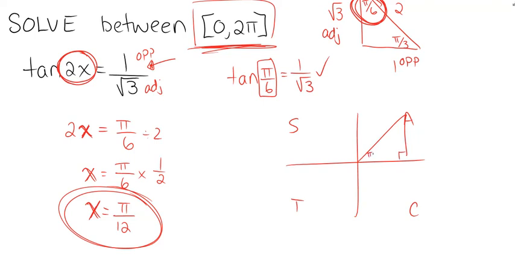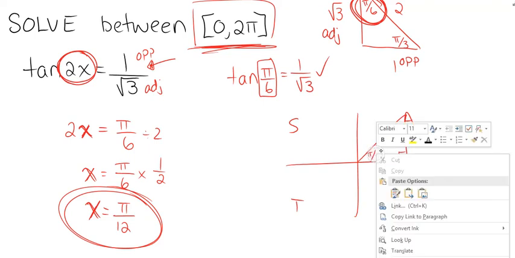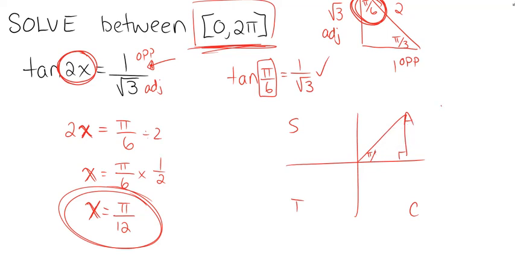Quadrant 1 was this guy, pi over 6. But then I think there should also be one over here. So this would be pi over 6. So to get there, I would do 7 pi over 6, I'm thinking. So that would be another angle that would work.